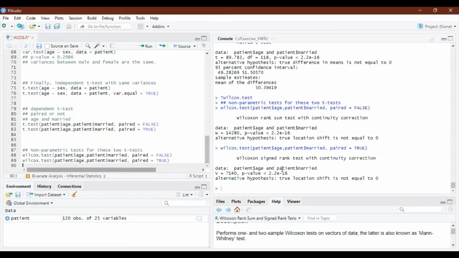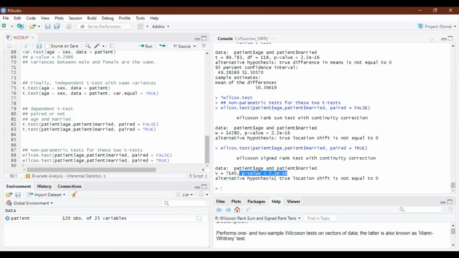So you can see that when the conditions for the parametric test are satisfied, the values are not that different. The p-value gave you the same p-value.